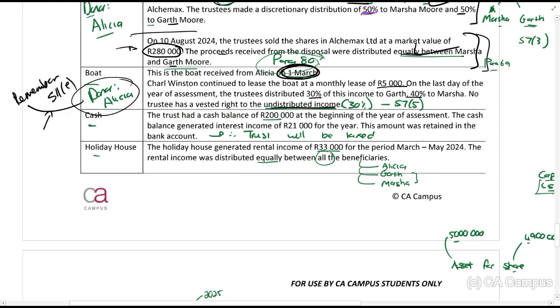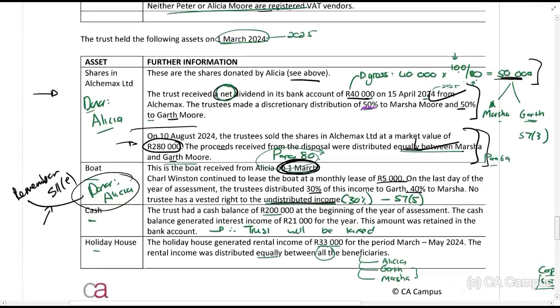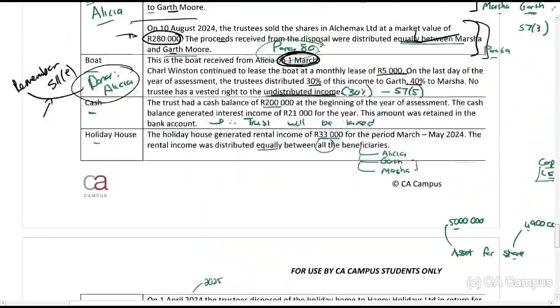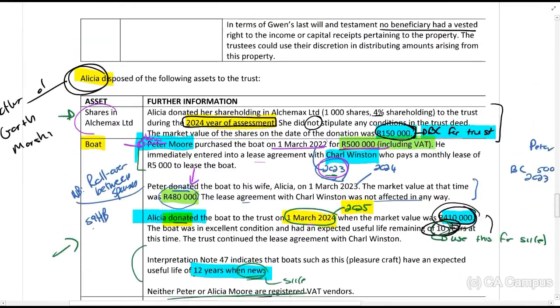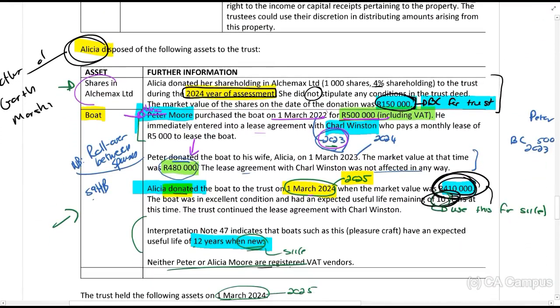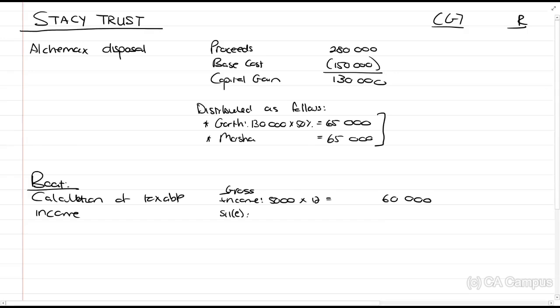She donated the boat to the trust. 410,000, and there were 10 years left. This is on the first day of the tax year.